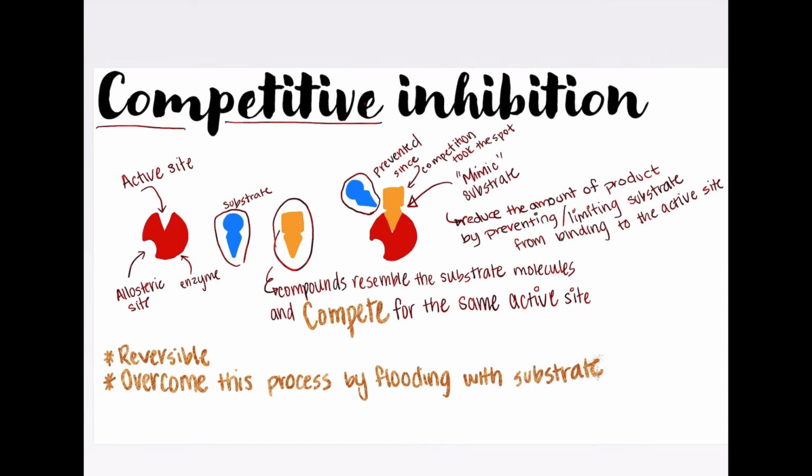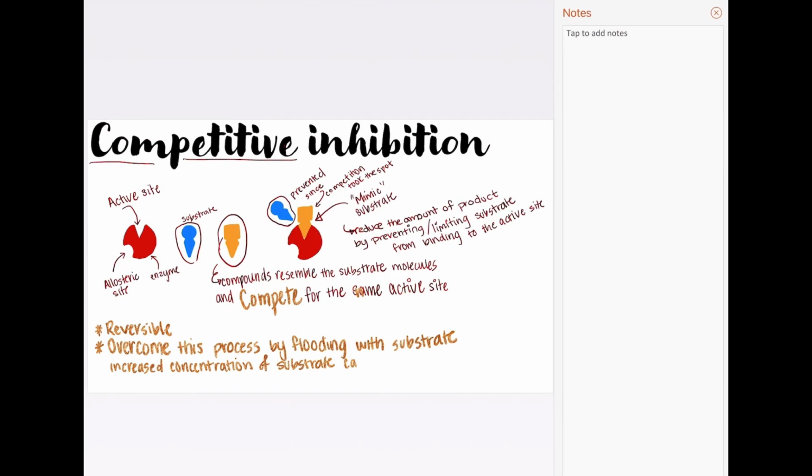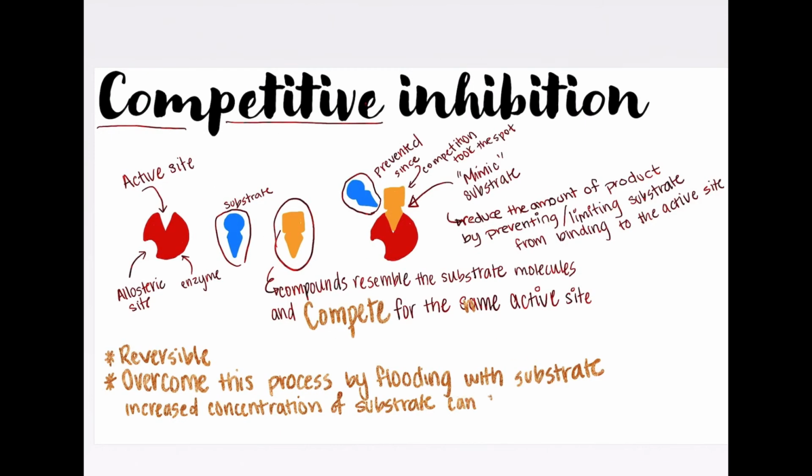This is commonly done in medicine. You can be given that mimicked substrate if you need external help with controlling the enzyme, or if your body is making too much of the compound that's resembling the substrate, the medicine can flood your system with the substrate, which helps that substrate better compete with your mimicked compound.